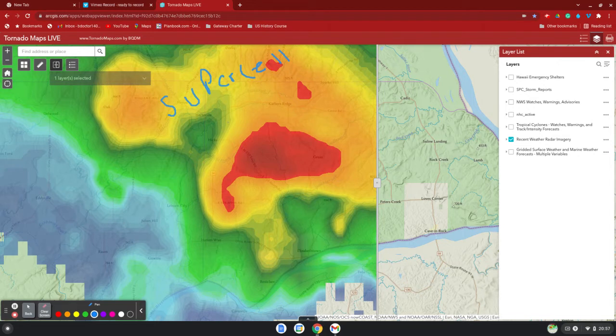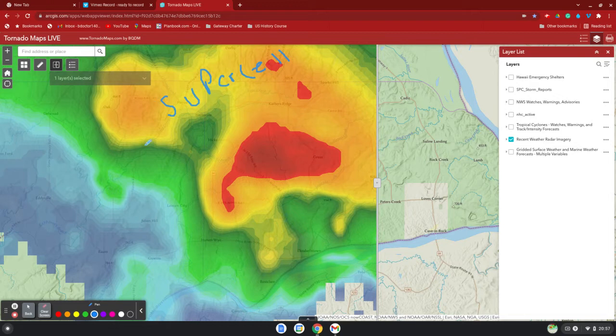Your multi-cells have a little bit more energy in them and potential for severe weather, but they don't have any rotation or severe updrafting going on. And then you have your supercell, which is really what happens with these cells is they kind of replicate and break apart. Once one has burst its energy upon an area, new ones form around it and in transition with it moving. So that's what makes it a supercell.